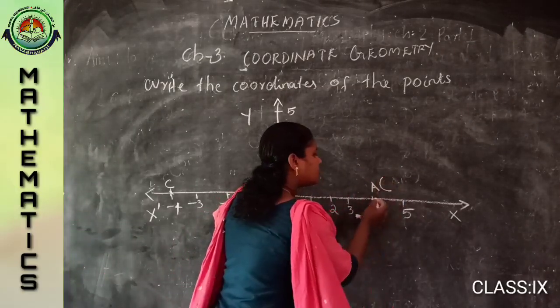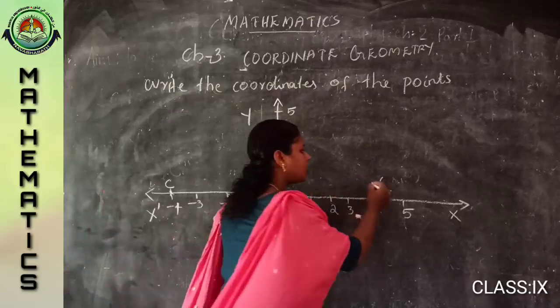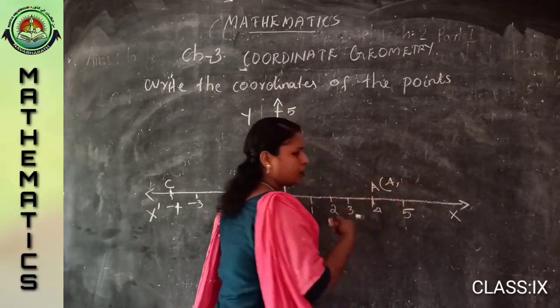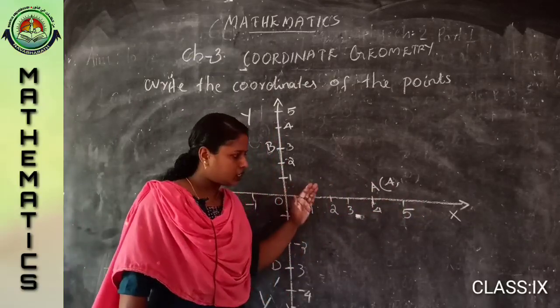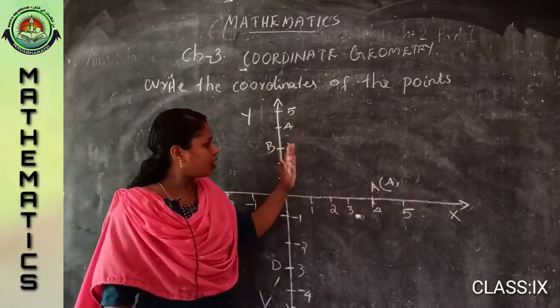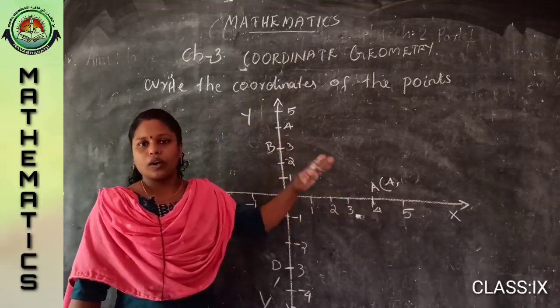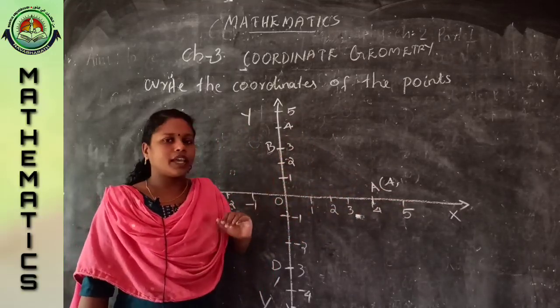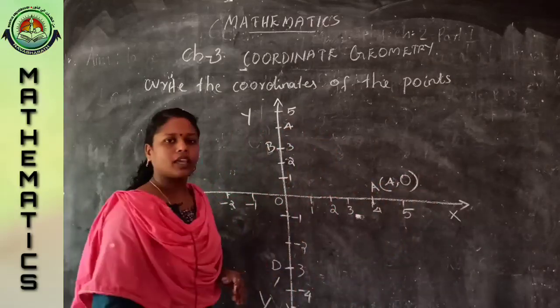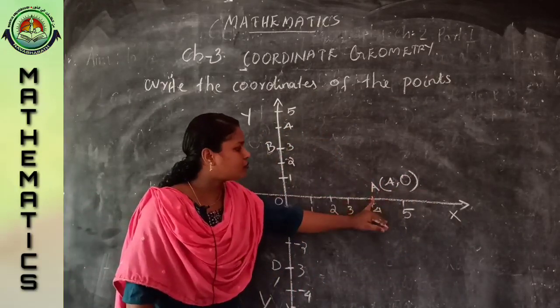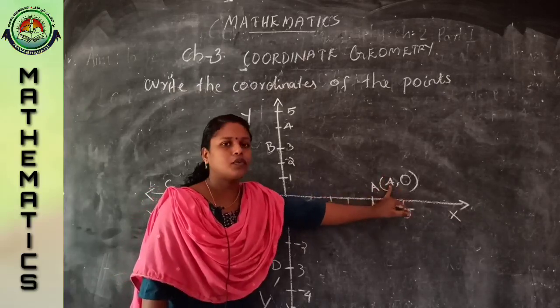Here we can see the x coordinate is 4. What about the y coordinate? It is on the x-axis, so we can't see any y coordinate. If there is no y coordinate, the value is 0. So the coordinates of point A are 4, 0.